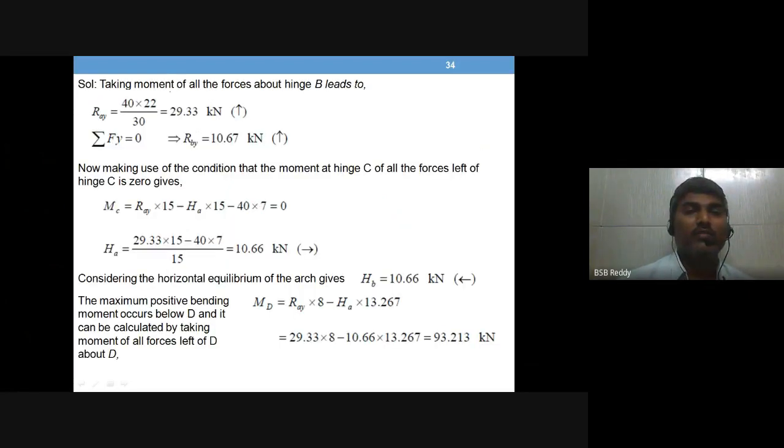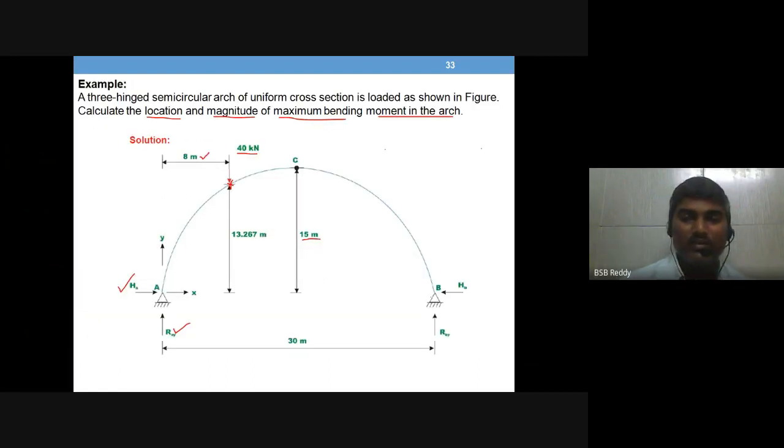Right. Taking moment of all the forces about B. Okay, so this is what we start with. So we take moment of all the forces about B. So you are now using the free body diagram of the total arch. So these are the reactions that appear to you: RAY, RBY, HA, HB, all this.